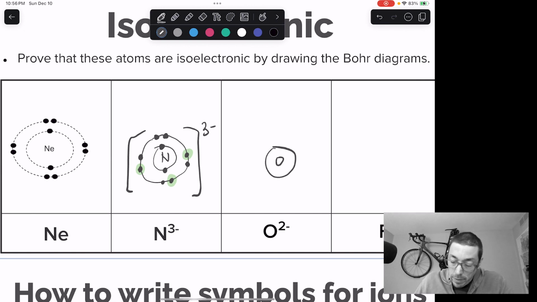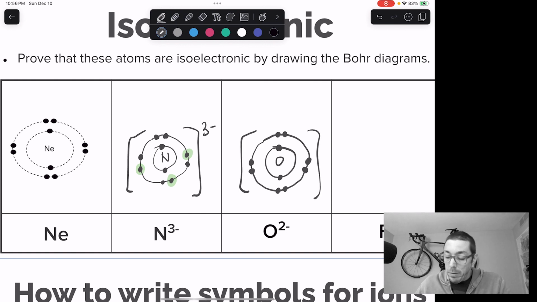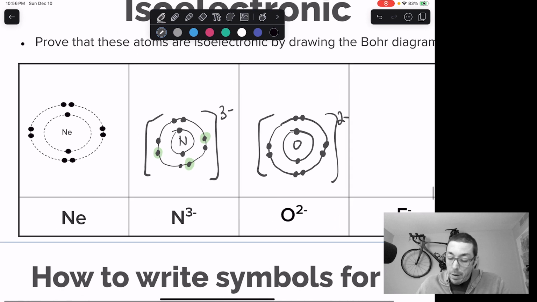And oxygen, same deal with oxygen. Originally it had 6 in the valence, like this, and then it gained 2 electrons, which made it become a 2- ion to fill its valence shell. So it also has 10 there.